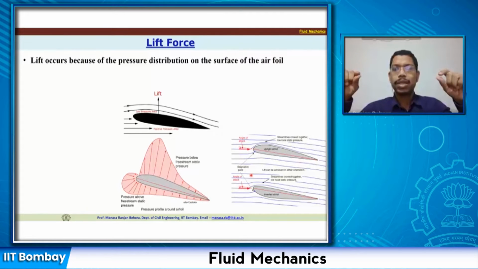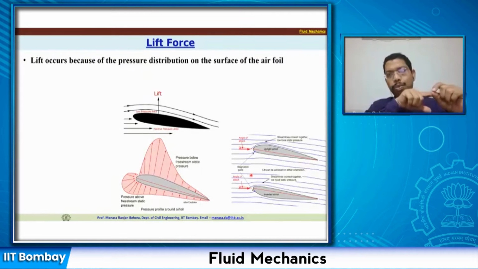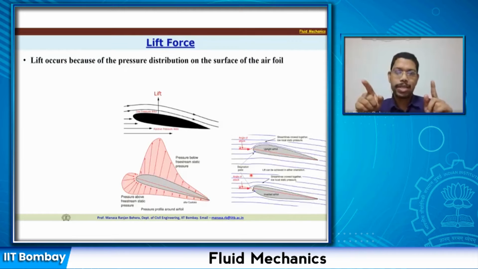Then your flow is going to be deviated from the tip of the airfoil and it will move downstream, and there will be change on both sides, but both the changes are going to be the same. If both the changes are the same, the variation in the pressure is also going to be the same. The difference in the pressure is also going to be the same.